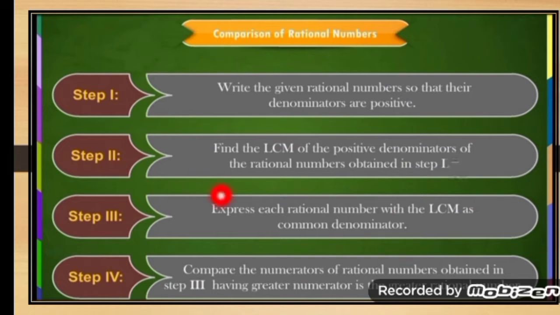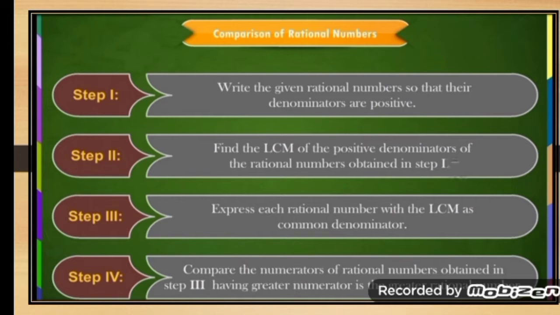Next step is find the LCM of the positive denominators of the rational numbers obtained in step 1. It means that after making the denominators positive, we will take LCM of positive denominators of both rational numbers. Step 3 is express each rational number with the LCM as common denominator.